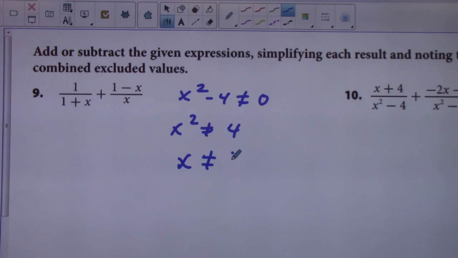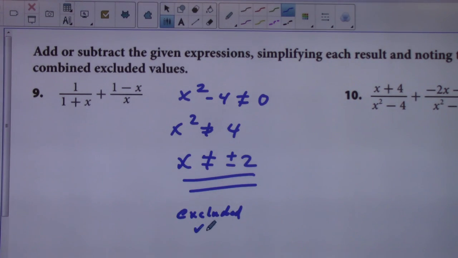Yeah, so x cannot equal plus or minus 2. So these are the excluded values, okay? Excluded values. When you look at this, that's the first thing you should see, okay? That's going to be easy to figure out. Let's set that not equal to 0 and figure out excluded values.